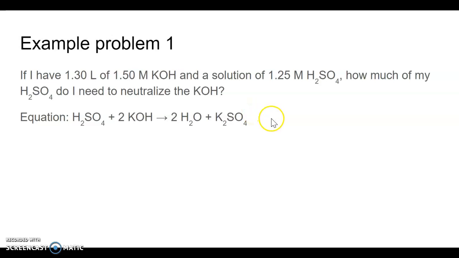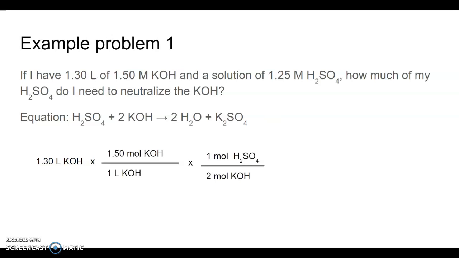Then I'm going to start with the volume of KOH and turn it into moles by using the molarity. Then I'm going to turn it into moles of H2SO4 by using my balanced equation. And then I'm going to use the molarity of my H2SO4 to figure out how much of the H2SO4 I need. So I end up getting 0.780 liters. And that's how you would do a problem like that.